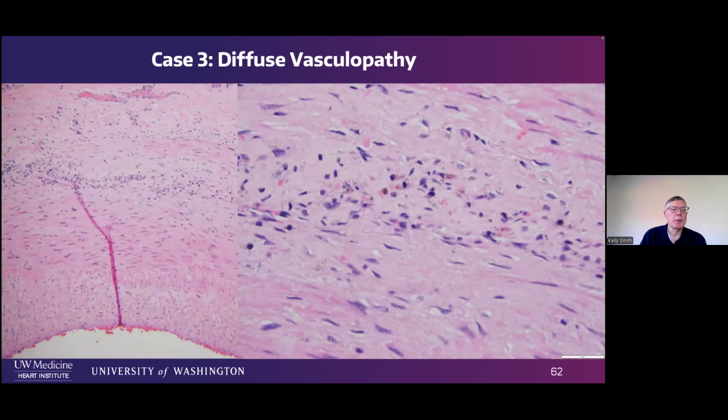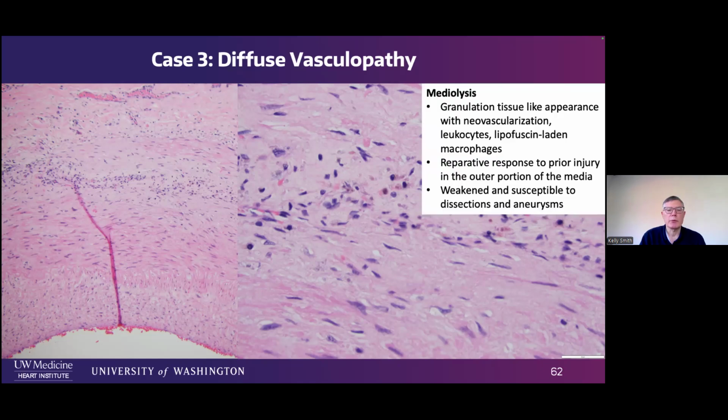And so here's a higher magnification view of what I just showed you, where we see this area that's in the external portion of the media. And here it looks sort of like granulation tissue, and we see these small vessels. The smooth muscle cells have been replaced by neovascularization, small vessels.